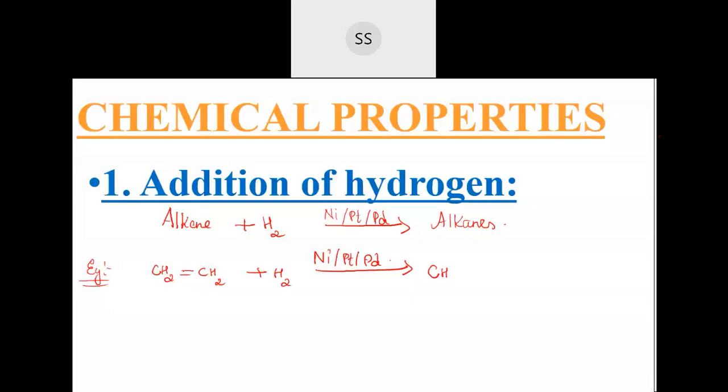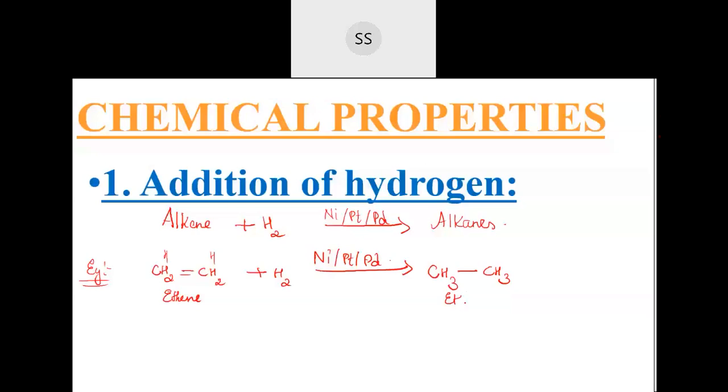Completing is adding hydrogen across the double bond, breaking the double bond and making it single. So I break the double bond and add one hydrogen here, one hydrogen on the other side. I get CH3 single bond CH3. So ethene on hydrogenation gives you ethane.